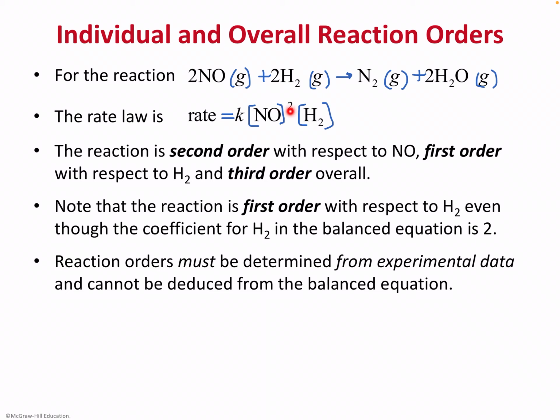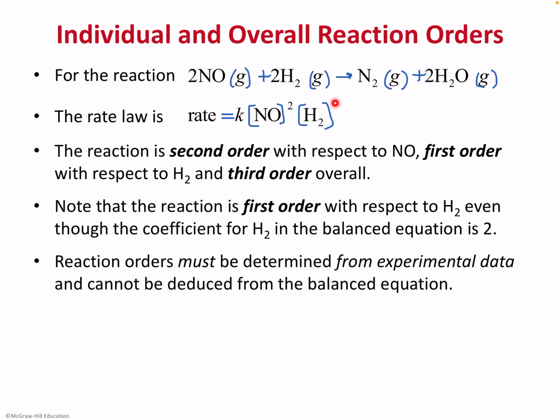And this 2 right here is not because nitrogen monoxide had 2. It's because from the experimental data, it has been found that the reaction is second order with respect to nitrogen monoxide and first order with respect to hydrogen.